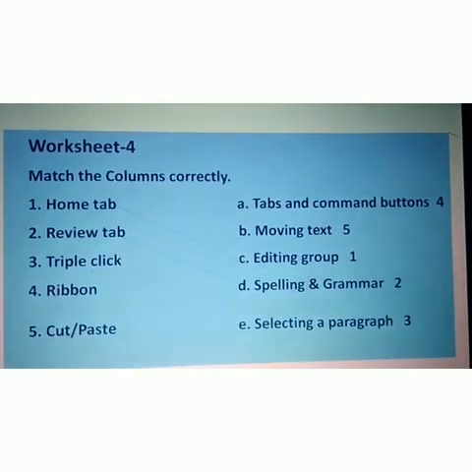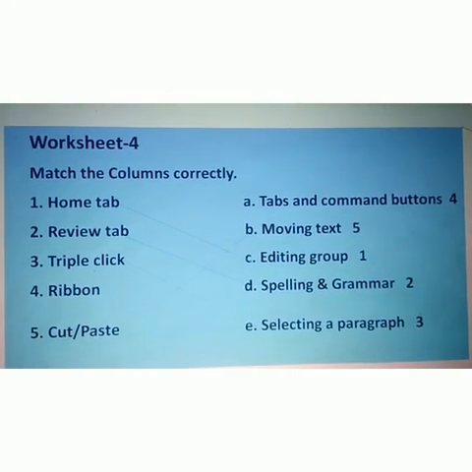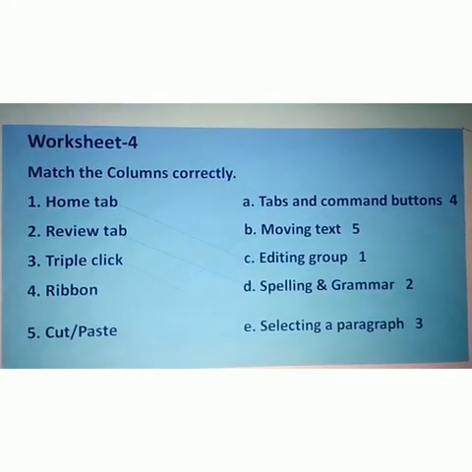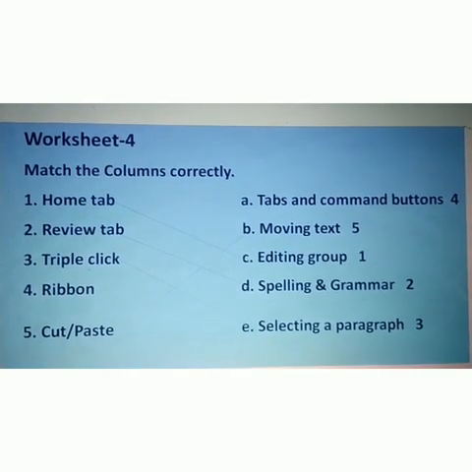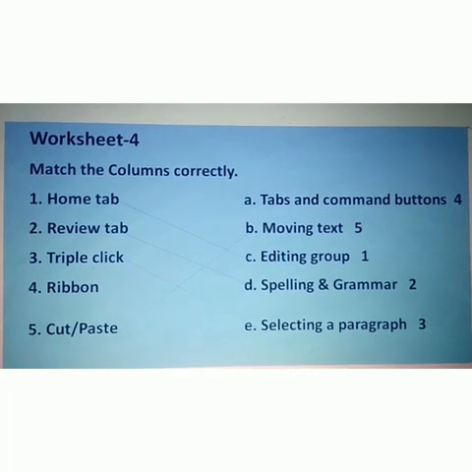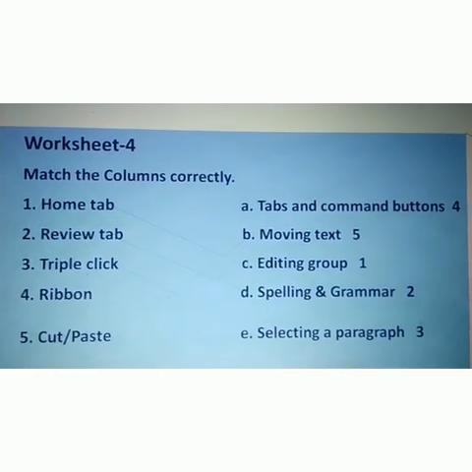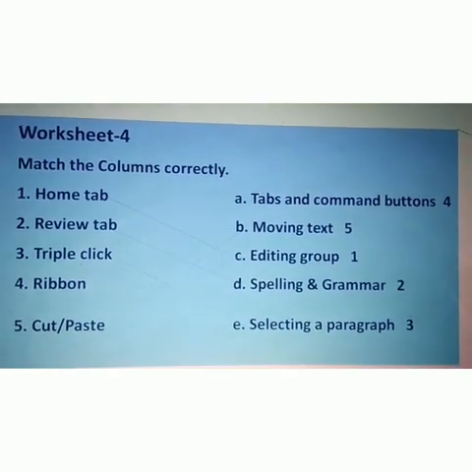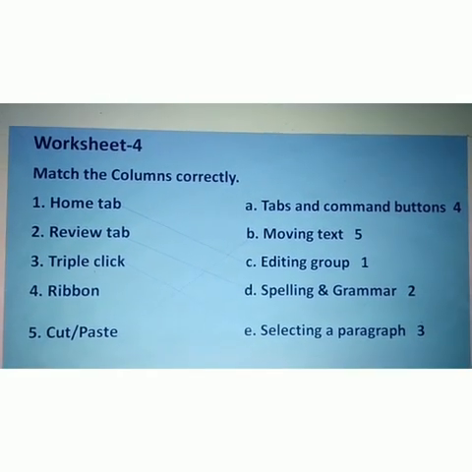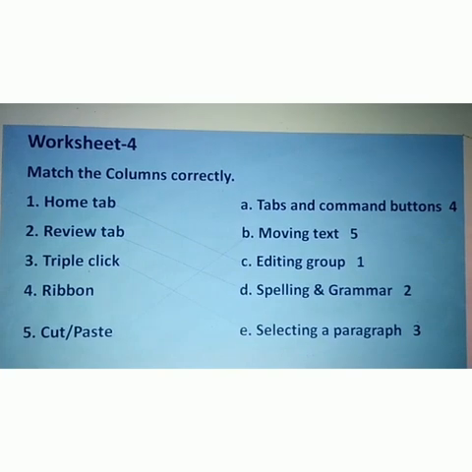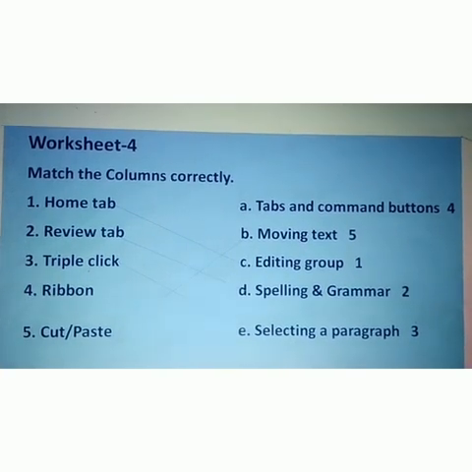Next and last, it is your worksheet number 4. Open your worksheet number 4, match the columns correctly. Students, we will match correctly, we can put the numbers and use matching. First, Home tab. The answer is editing group.